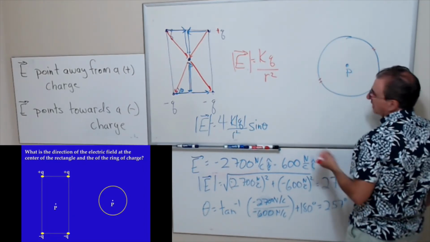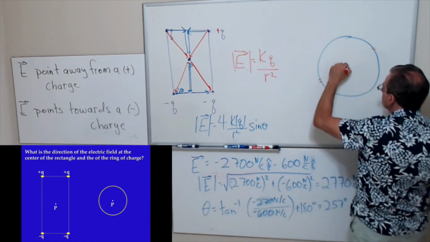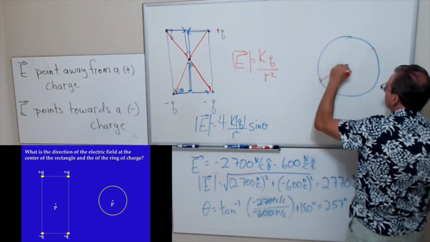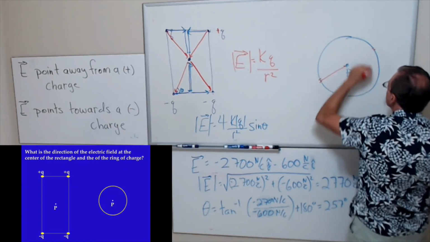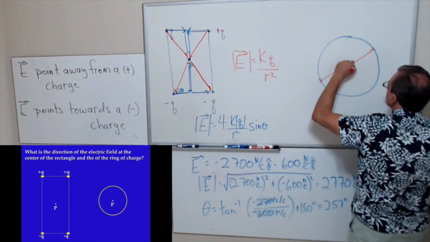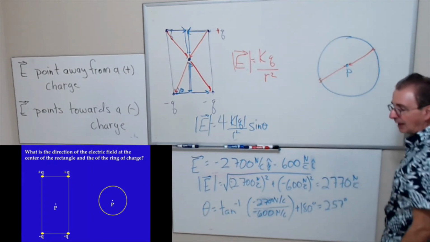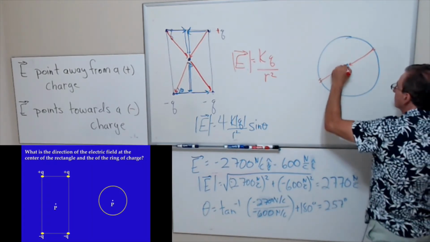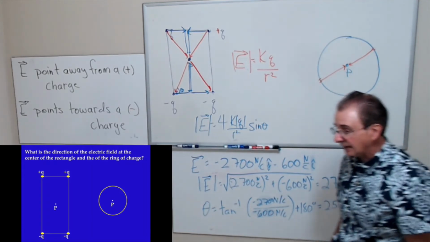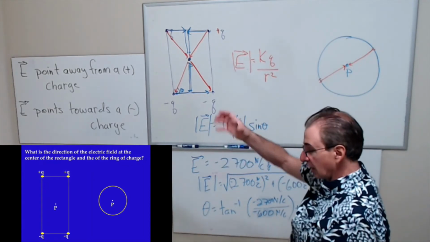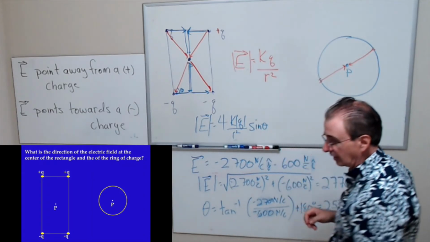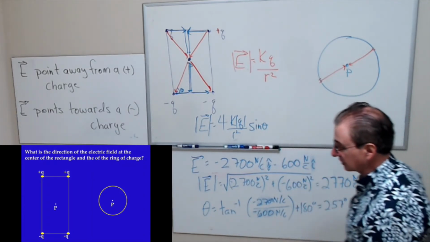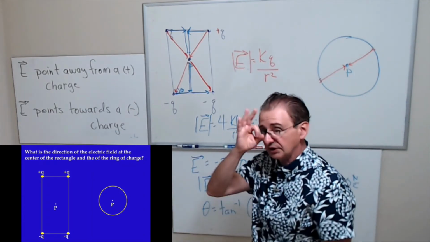If I have the same charge, let's say it's positive, then this field is going to point this way, and this field is going to point this way. Guess what happens to those arrows? They cancel. And if I go all the way around the ring and repeat this process, every pair is going to cancel. So guess what the field is at the center? It's 0.